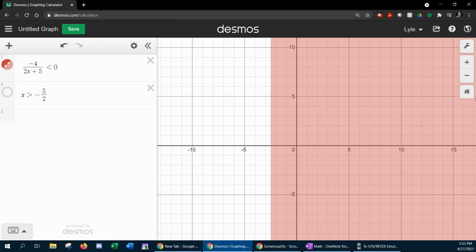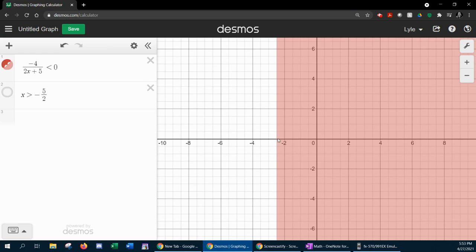And then I want to know, where does this shaded region start? Well, according to my answer, it should start at negative 5 halves. And so what I've done here is I've typed in the inequality that represents everything greater than negative 5 halves. If I turn that on, you're going to see that it does overlap the original problem.